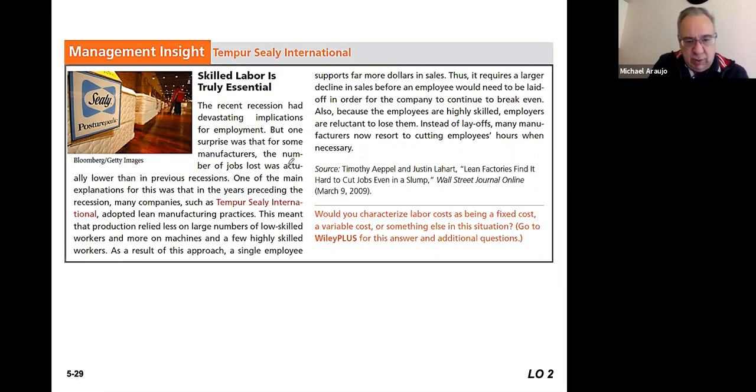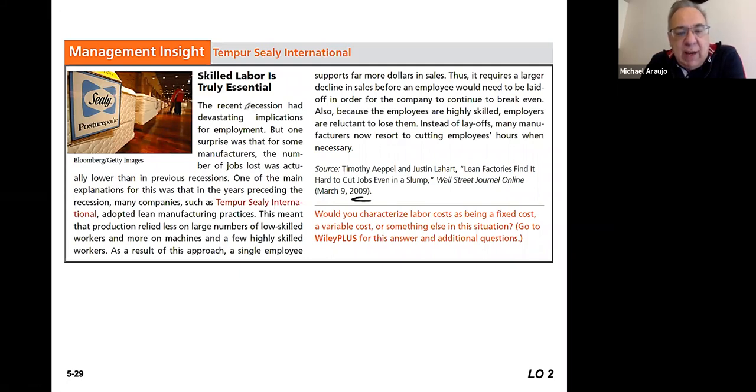So one thing that was interesting, and this is when they talk about the last recession, not the one that's happening right now, but the very last one we had, which, believe it or not, was almost 11 years ago, 2008, 2009.